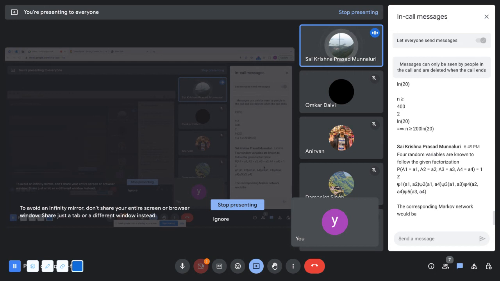So normally, how do we approach this? If you can give some hint or something. I mean, we have the solution as well. Markov network is nothing but your undirected graphical model, right?